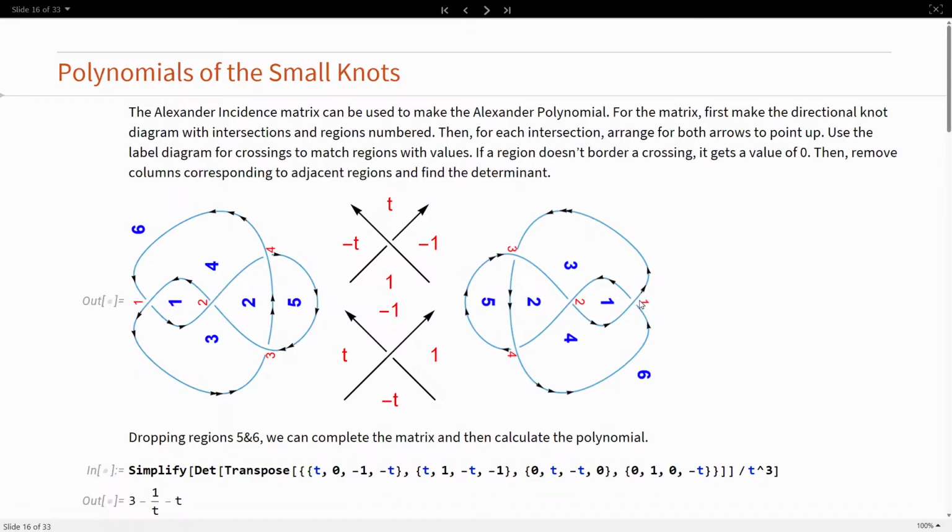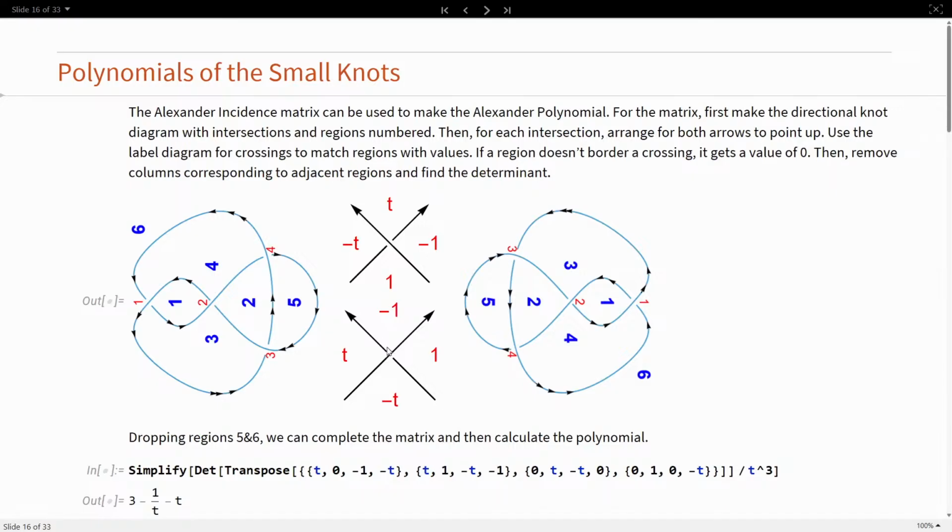So for this version over here, here's intersection number 1. And the next step, which is the part I'd never quite understood, is we arrange the arrows so that they both go up for that intersection. So here, these arrows are going up and these arrows are going up. And then we find which one of these 2 diagrams it matches with.